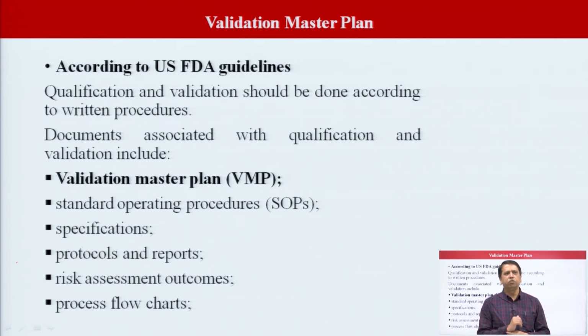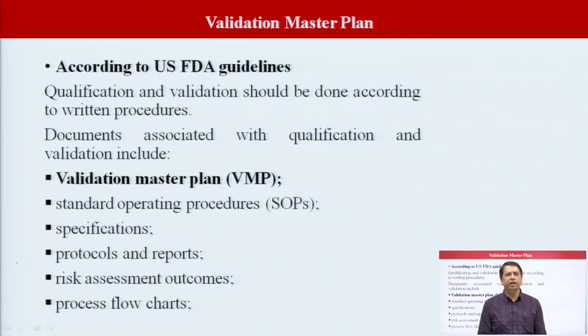So, before going to the different parts of the validation master plan, the documents that are associated with qualification and validation include, according to FDA, first the validation master plan.